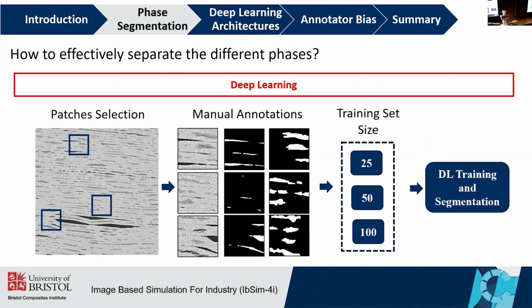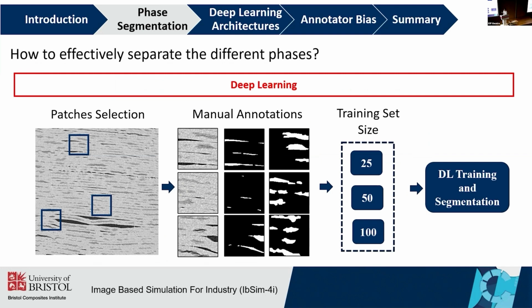Let's see some results. But just before we move on to the results, let me comment on how the training of the deep learning model was performed. In this case, we selected random patches across different slices within the scan.